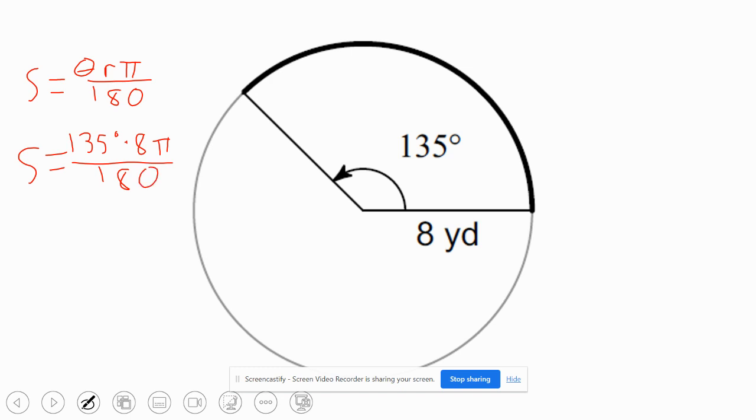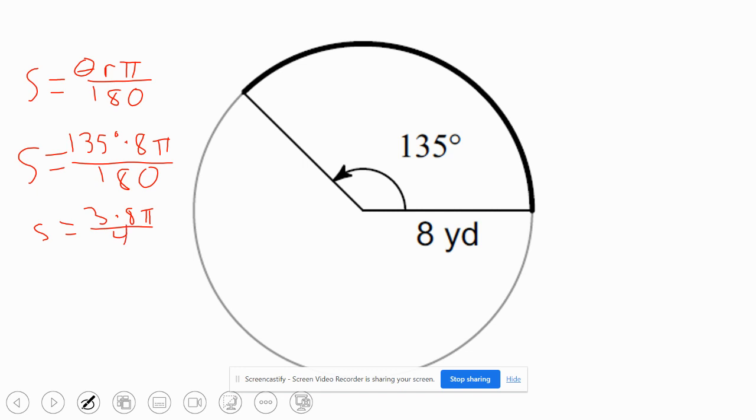Again, you could use your calculator to multiply out here, but if you aren't using a calculator, you would definitely want to go ahead and simplify the fraction first before you multiply by 8. Okay, so 135 over 180 is 3/4. Hopefully you recognize 135 is 3/4 of a semicircle. That's how I know that so quickly. So if we have 3 times 8 pi over 4, right?